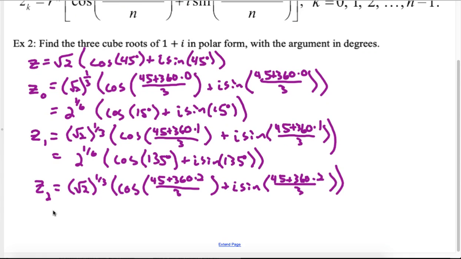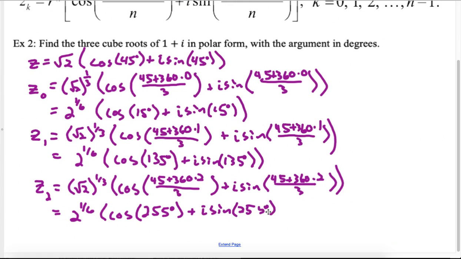If we simplify, we will have 2 to the 1/6 power times the cosine of, I think all of this would become 255, plus i times the sine of 255. All right, so these are my 3 answers. Those are my 3 cube roots of 1 plus i.